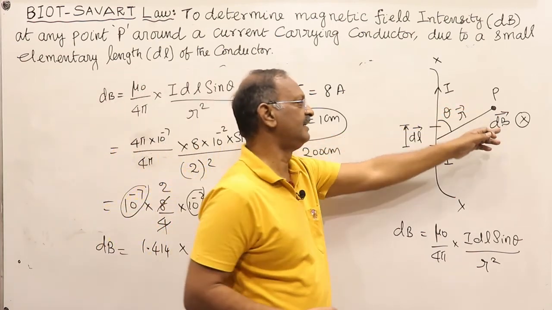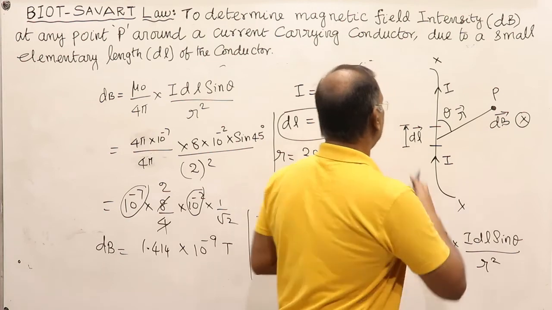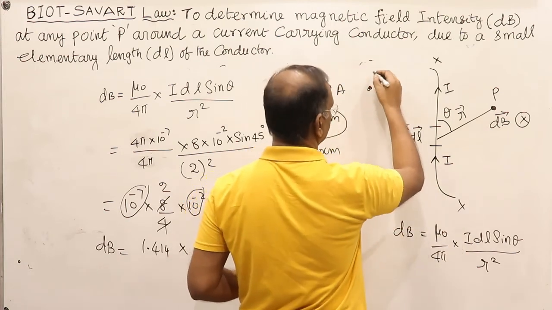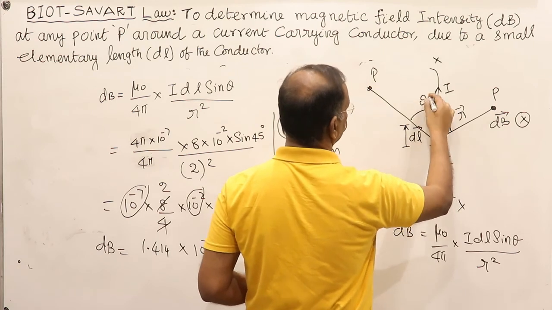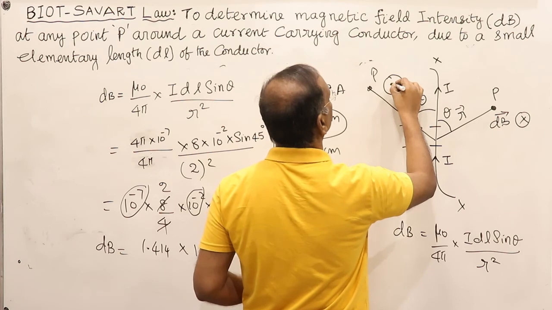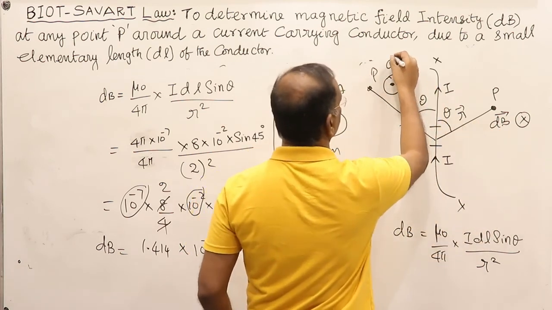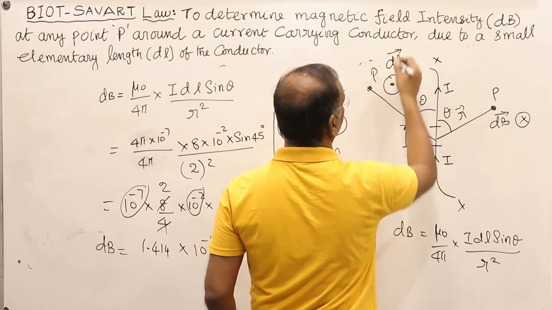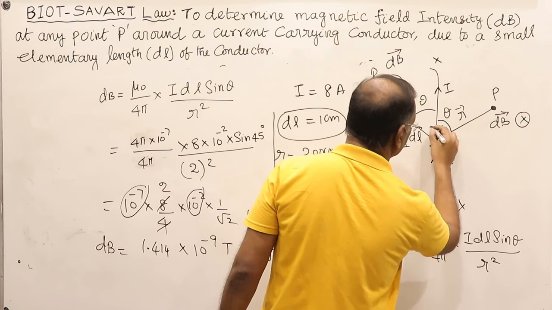If the point P is here, the magnetic field direction will be inside. If the point P is here, theta will come like this, and in that case the magnetic field will be coming outward. This is inward. So this is the magnetic field produced by this current element.